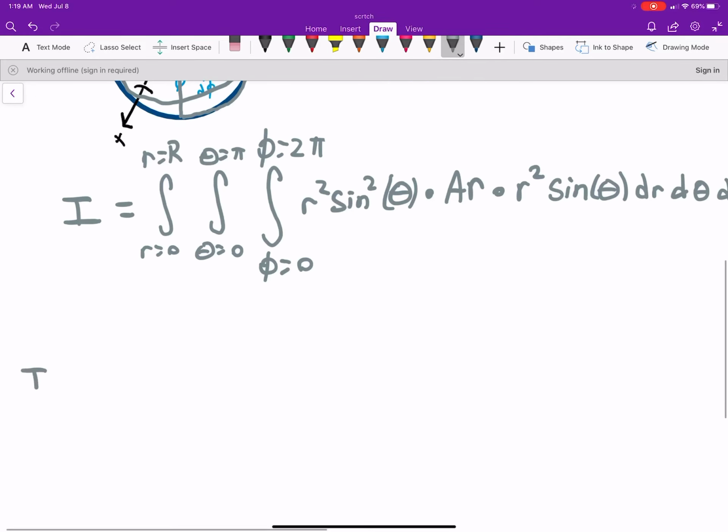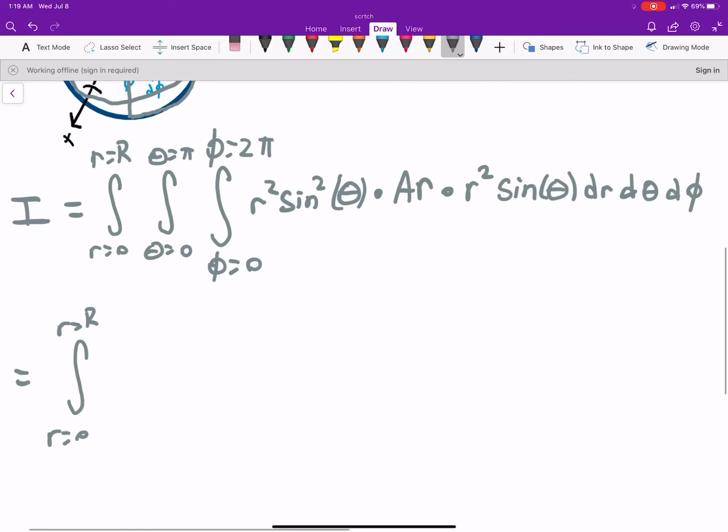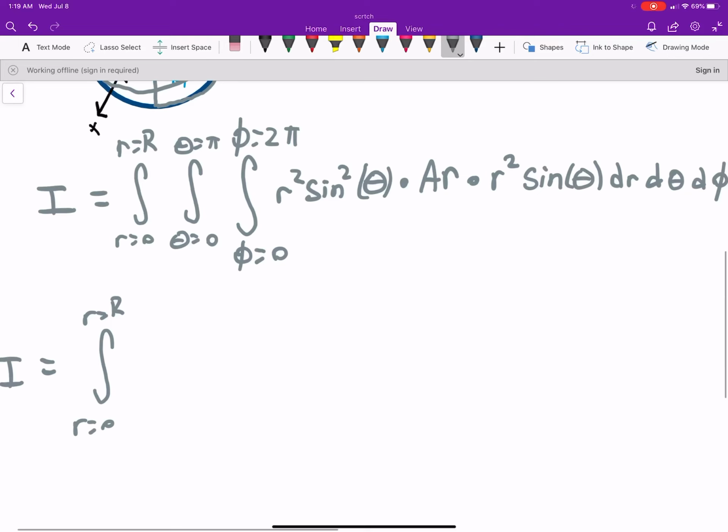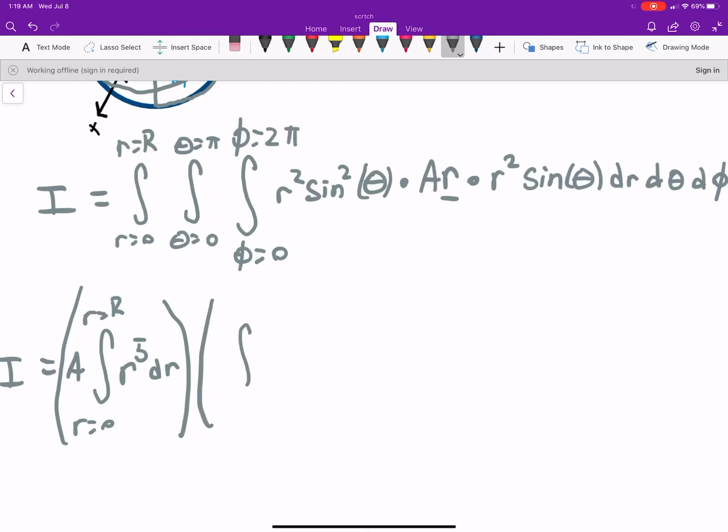Oh boy. So I'm just going to break this up as nicely as I can. One easy way to do this is to think of it like this. r from 0 to R, r to the 5th, because there's that extra r, and I'll go ahead and factor out that A. r to the 5th dr. It doesn't really matter where the A is.